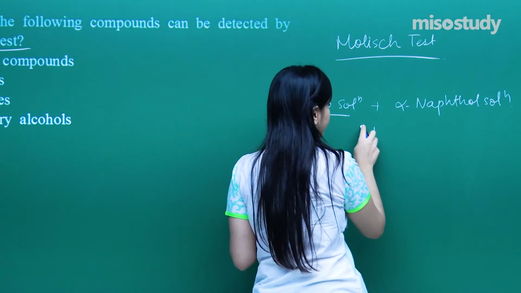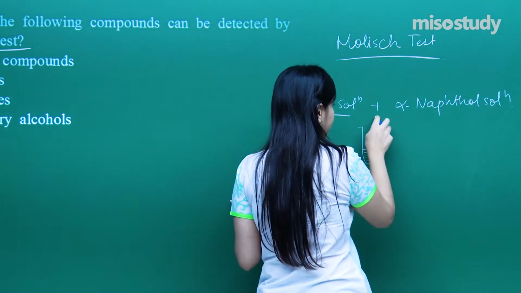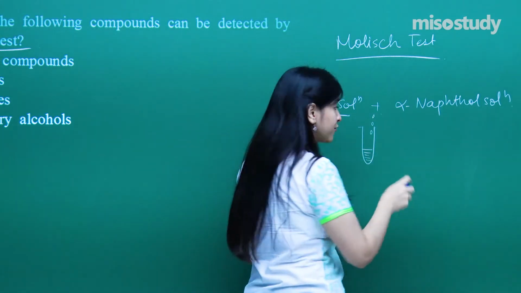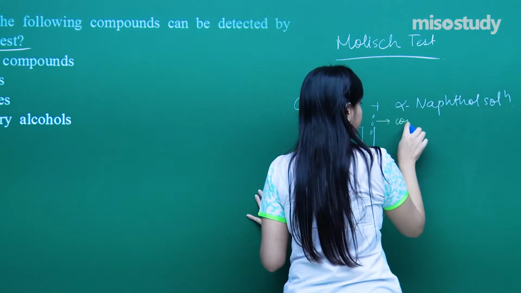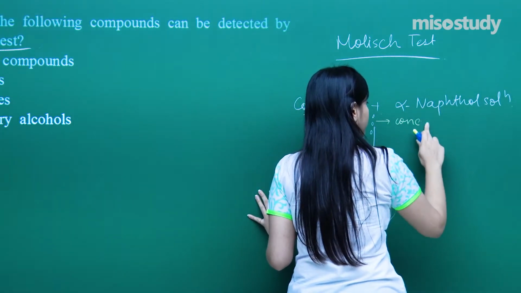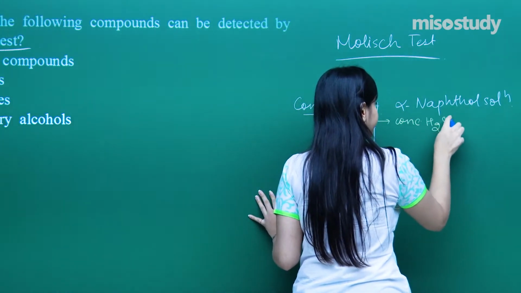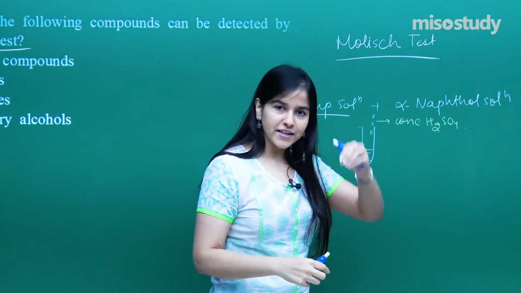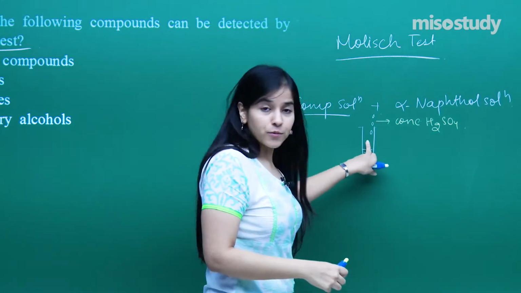Then I add a few drops of concentrated sulfuric acid, conc H2SO4, sliding it down the sides of the test tube. So, I need to slide the drops down carefully.